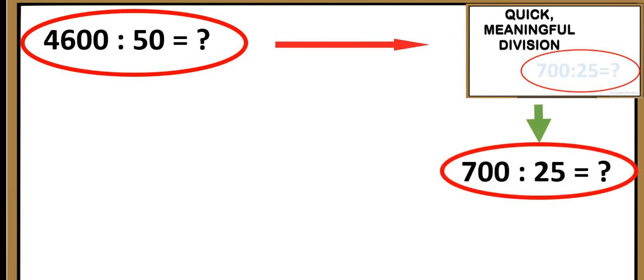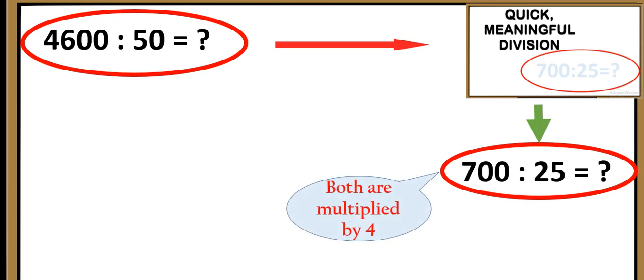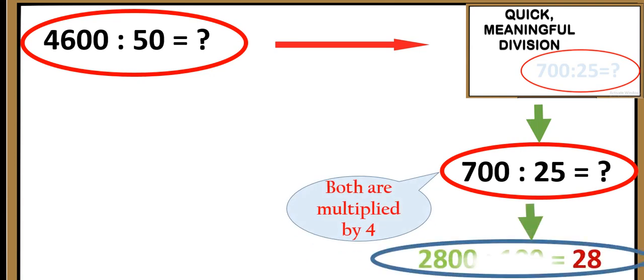At that time we multiplied both 700 and 25 by 4, so we get 2,800 and divide by 100, and we get the answer 28. Now we use this strategy to apply to the similar problem.